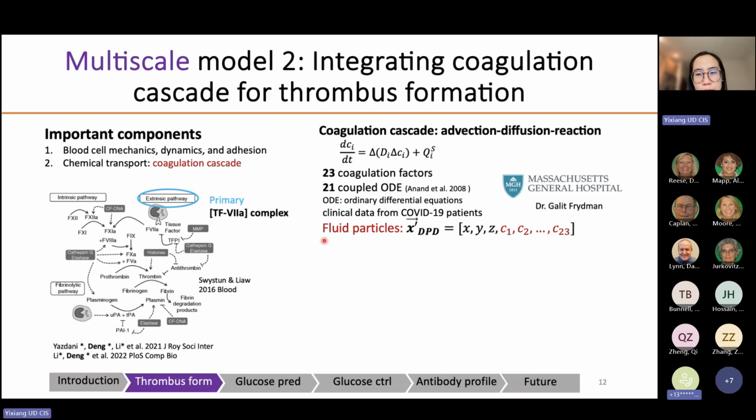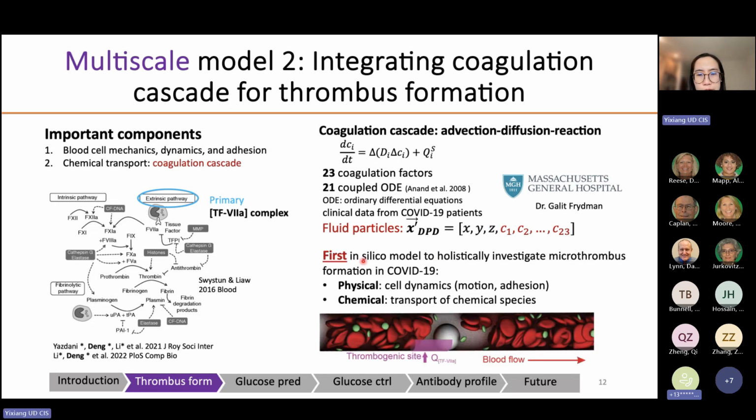Different from our original setup of dissipative particle dynamics, now the fluid particle representing the transport of different chemical species will be extended from only the original 3D vector to a longer vector with 23 dimensions.